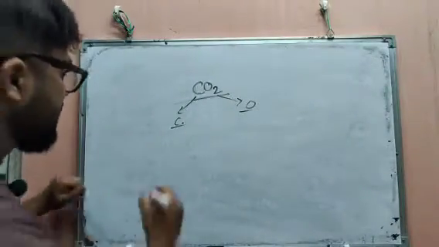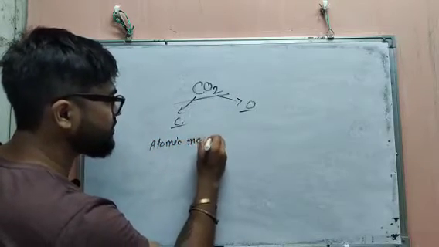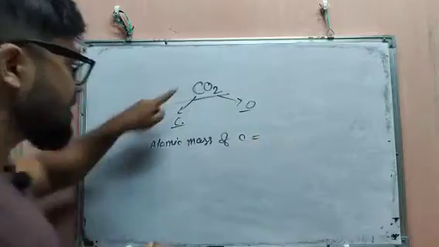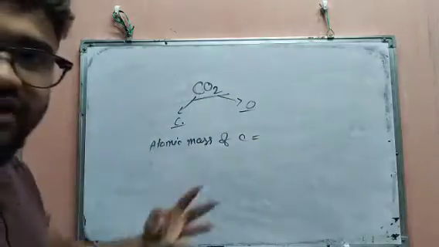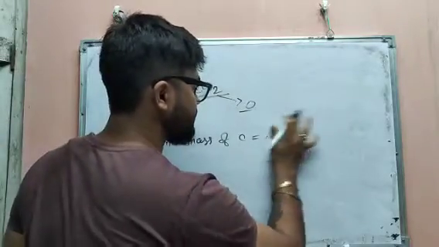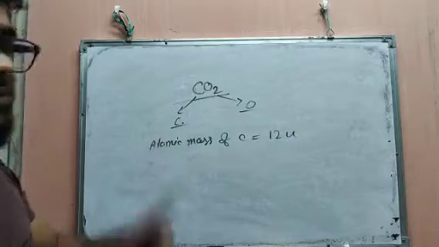First you will see the atomic mass of carbon. Carbon has 6 protons and 6 electrons, so the atomic mass equals 12 U. Then the atomic mass of oxygen.